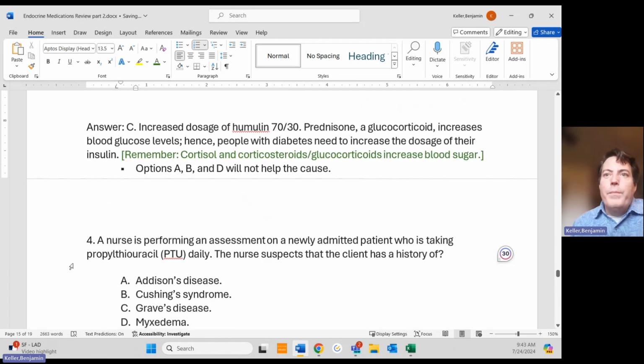A nurse is performing an assessment on a newly admitted patient who's taking propylthiouracil. The nurse suspects the client has a history of what? Okay, what do we know about propylthiouracil? Do you remember what we're looking for in this particular exam? Right here, THI. What do I want you to remember for this exam? THI for this exam only stands for thyroid hormone inhibitor.